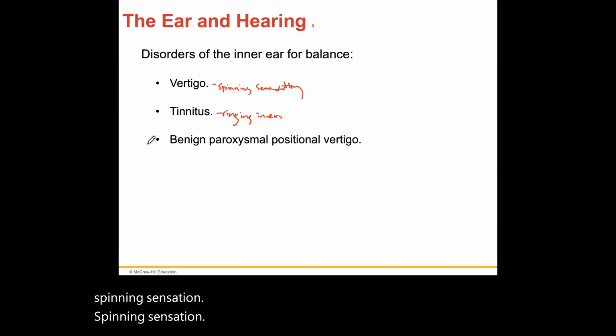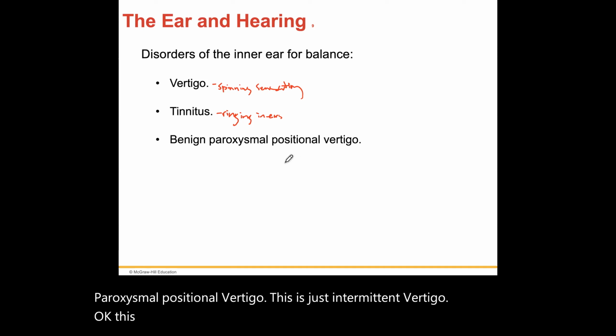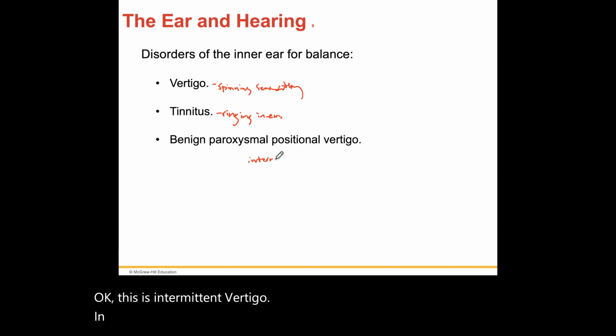Benign paroxysmal positional vertigo. This is just intermittent vertigo. It comes and goes. How does that happen?